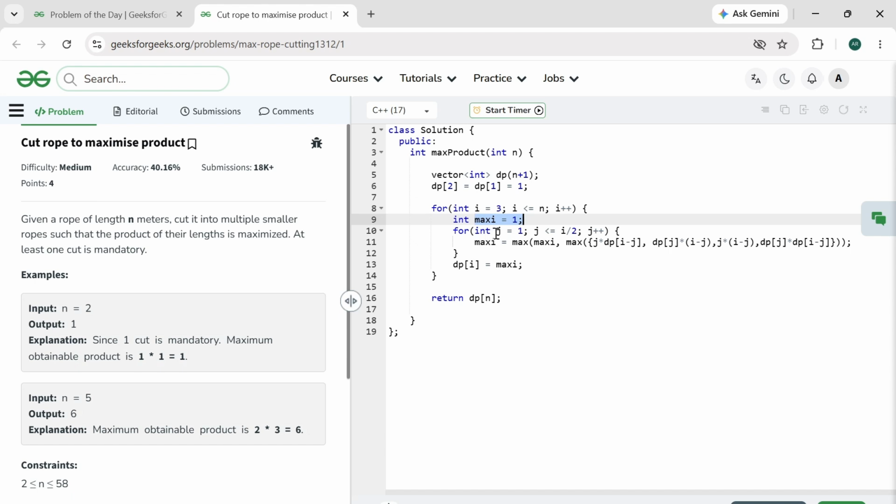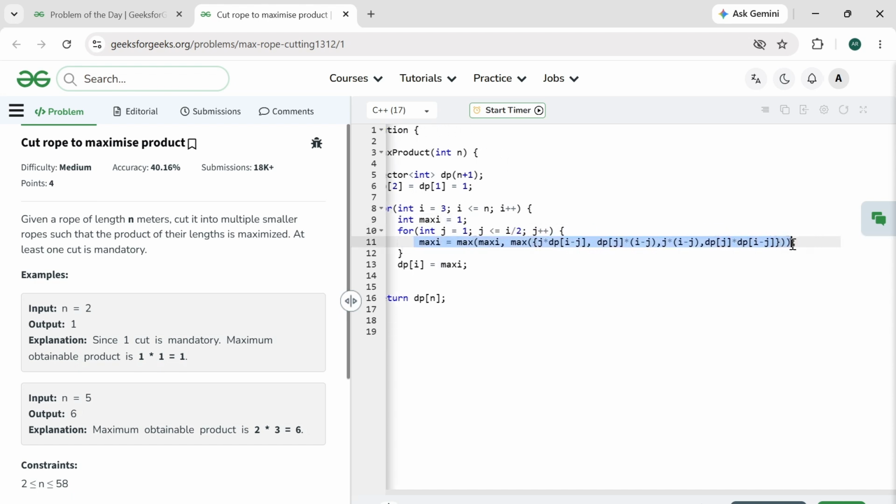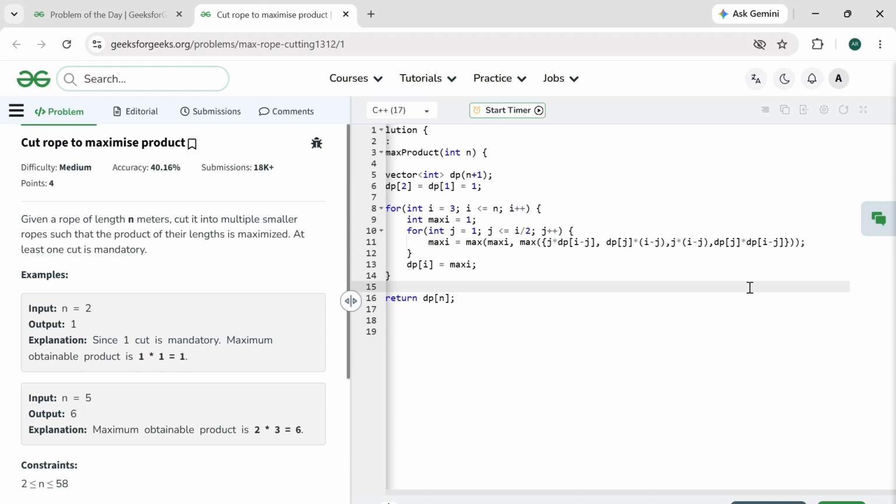This is our splitting point, j is nothing but a splitting point. For all possible values of j, we will split our i length rope. This is the way of getting the maximum answer, right?